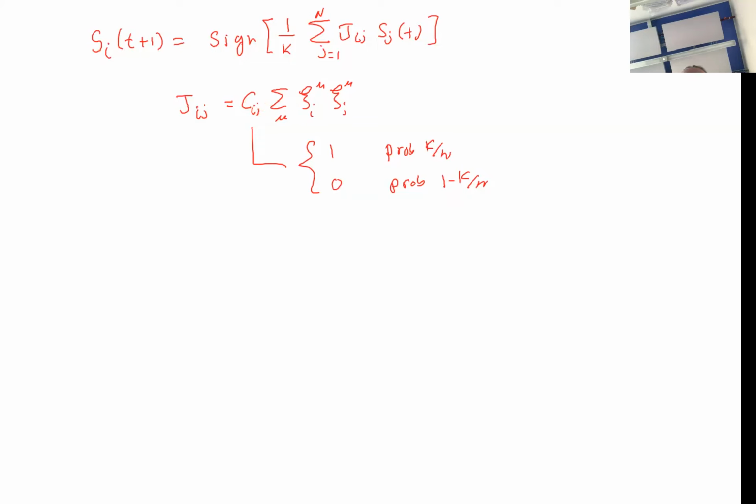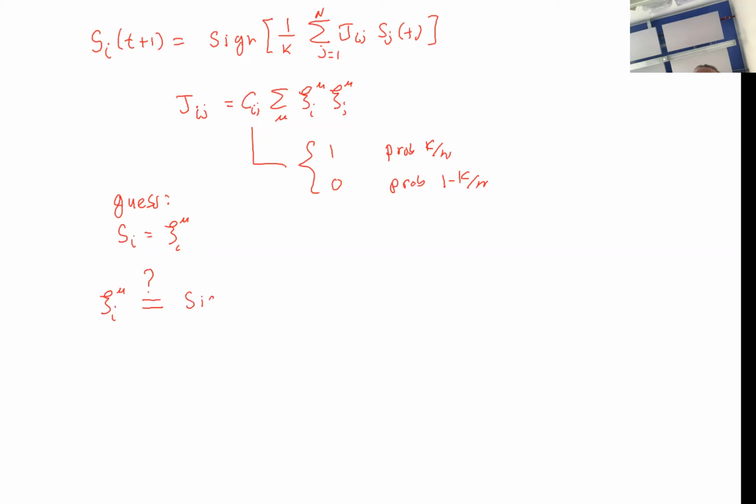So we want to do the same analysis as before. We're going to ask, so S_i equals squiggle i mu, that's our guess, and we're going to ask if that's still a fixed point of the dynamics. It's a little bit harder. We'll put a question mark here because we don't know.